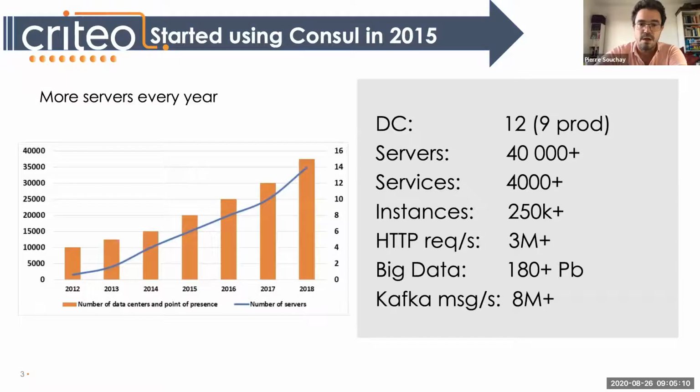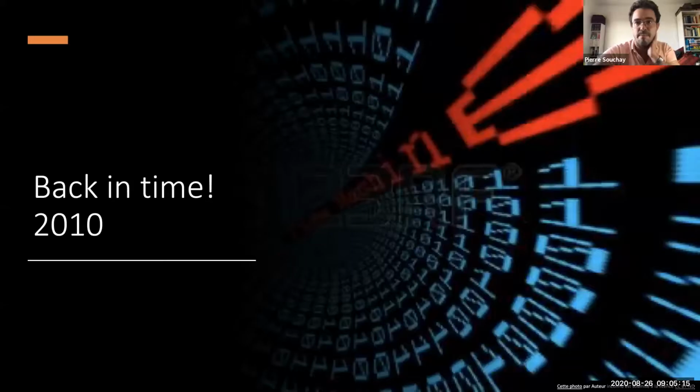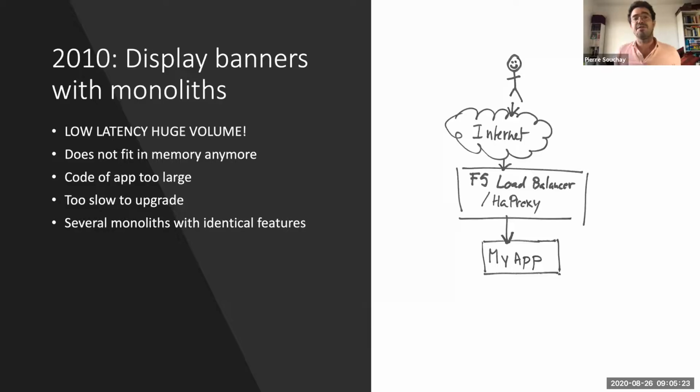So what I propose is I'm going to come back a bit in time to 2010. At that time, Criteo was displaying banners with monolith applications. It was already huge.